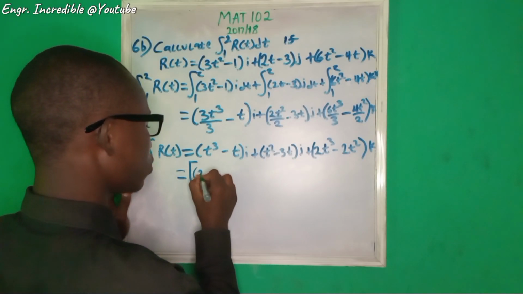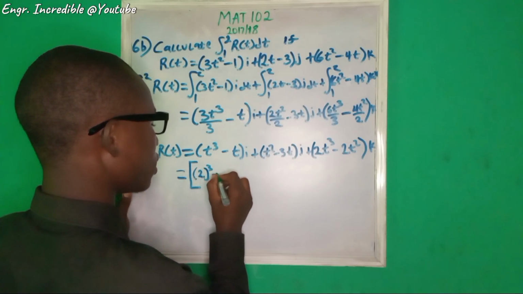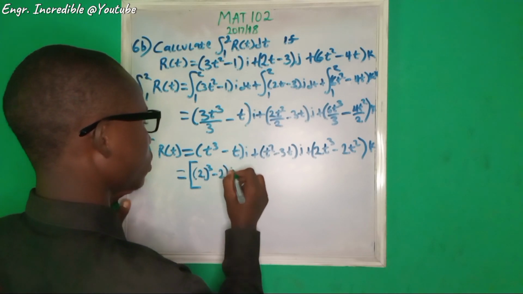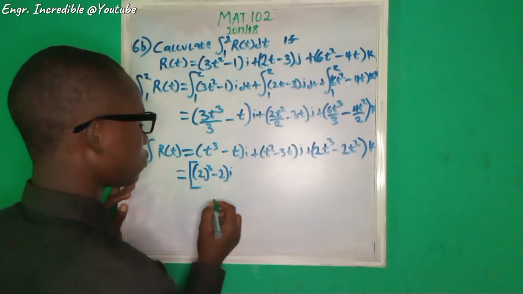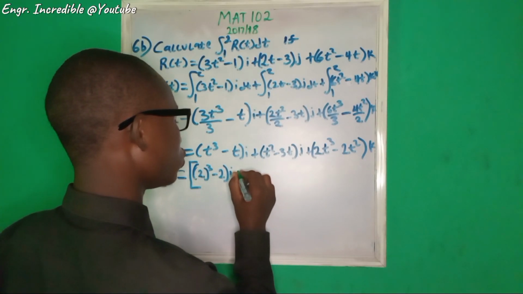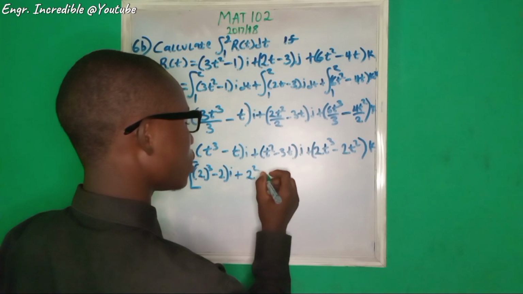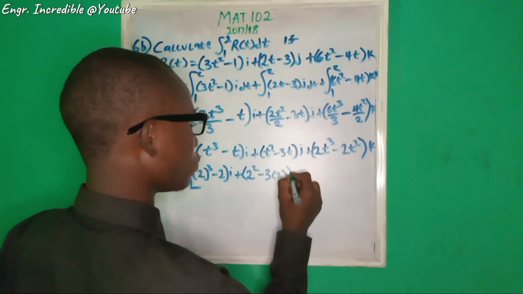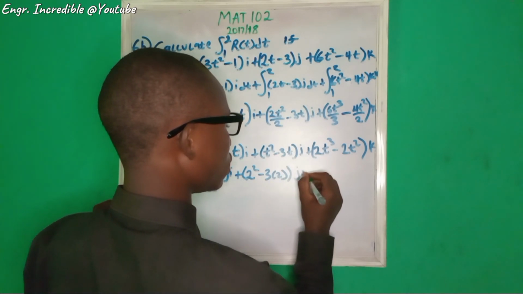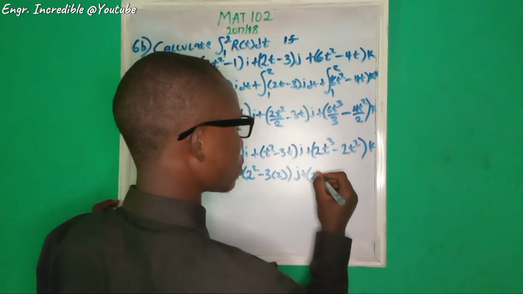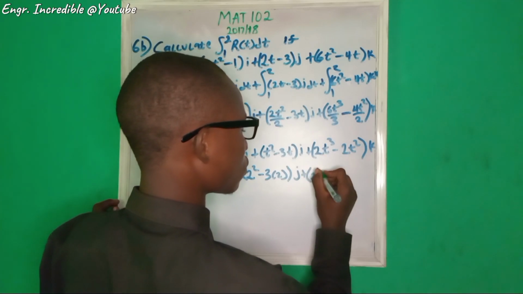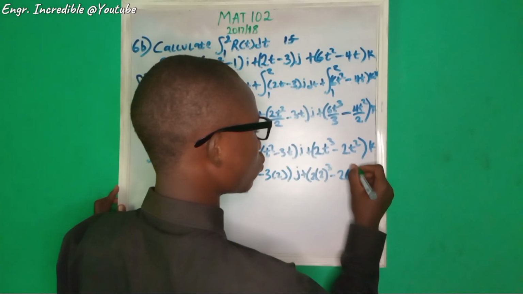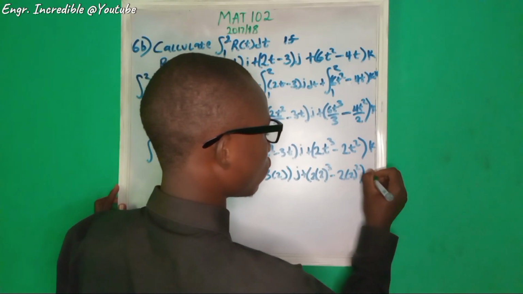So we have in bracket t cube minus 2 close bracket of i, then we have plus 2 square minus 3 times 2 on this part of j, then plus we have here 2 times 2 cube minus 2 times 2 square of k.